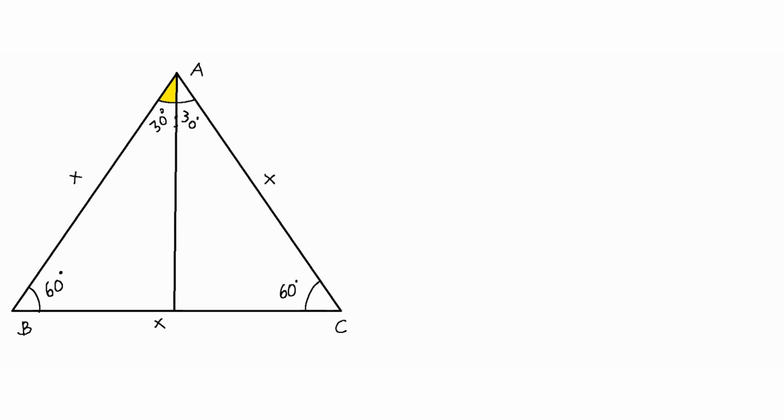Both these angles are 30 degrees. Now let's mark this particular point as D. The whole measurement BC is equal to x. Let's mark that as well. This whole measure is equal to x.